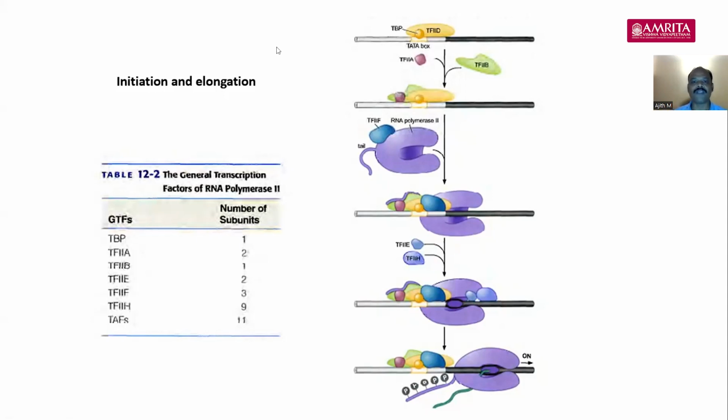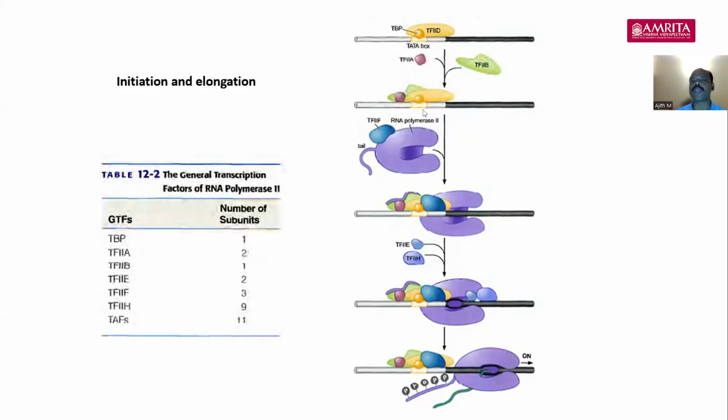So listen very carefully. See here, I'll walk you through the process. I'm not going to delve deep into it. The same process, but it is affected by different sets of general transcription factors. For example, see here, you have a Tata box. The Tata box belongs to the promoter. So the Tata box is initially identified by the transcription factor TF2D. It has a Tata binding protein, TBP. It goes and identifies it.